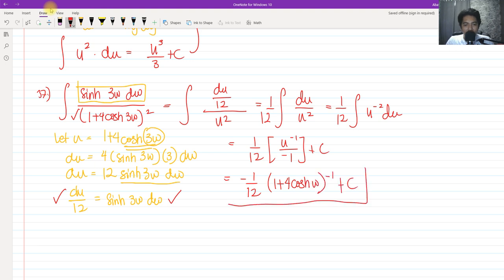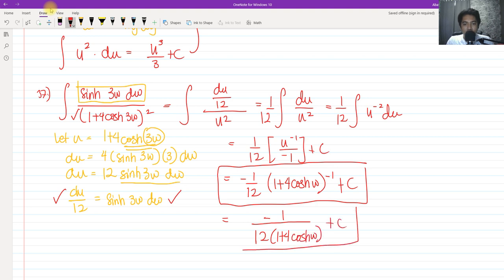This can be our final answer. But to make it neater, we eliminate the negative exponent by taking its reciprocal. So we have negative 1 all over 12 times 1 plus 4 hyperbolic cosine of 3w, plus c. This could be our final answer, thus eliminating the negative exponent.